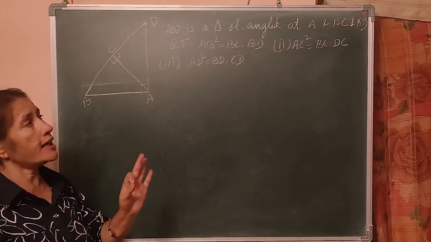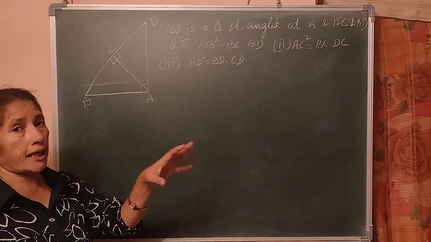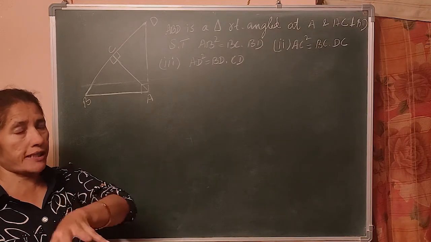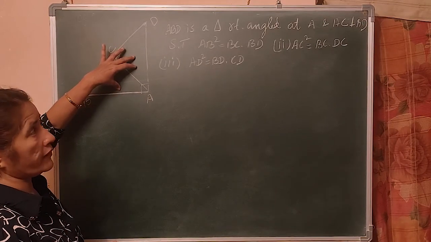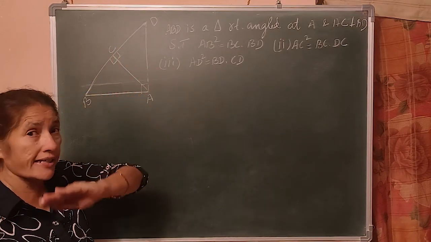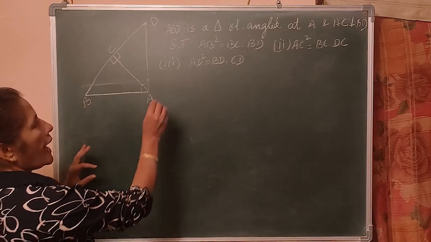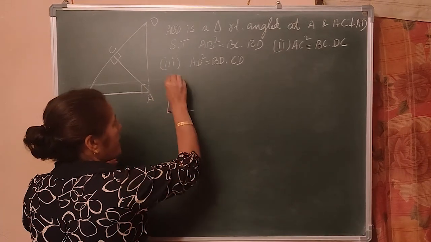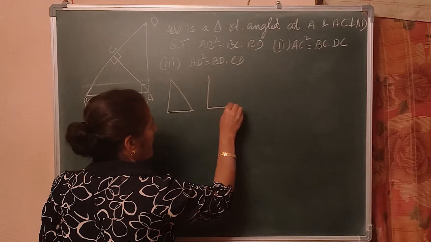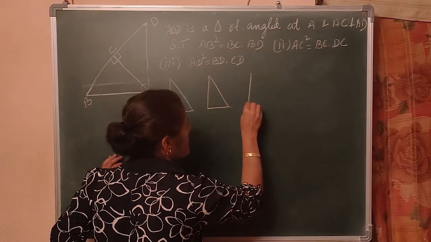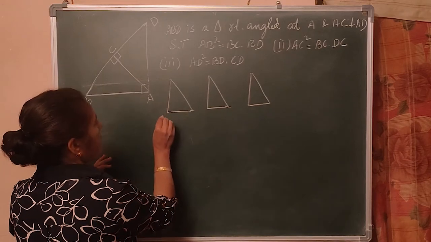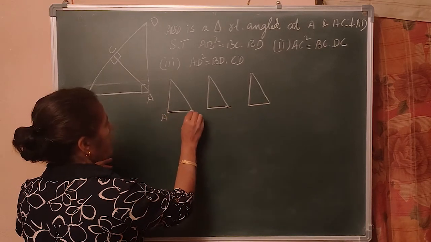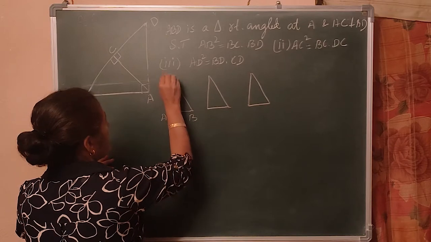Just now I said, whenever AB square comes like this, what you have to do? Take these three right-angled triangles. When you take them separately, you will understand better. So, I draw three right-angled triangles separately and let us prove it. One is the original, right-angled at A. B is the base, C is the vertex, D is the vertex.